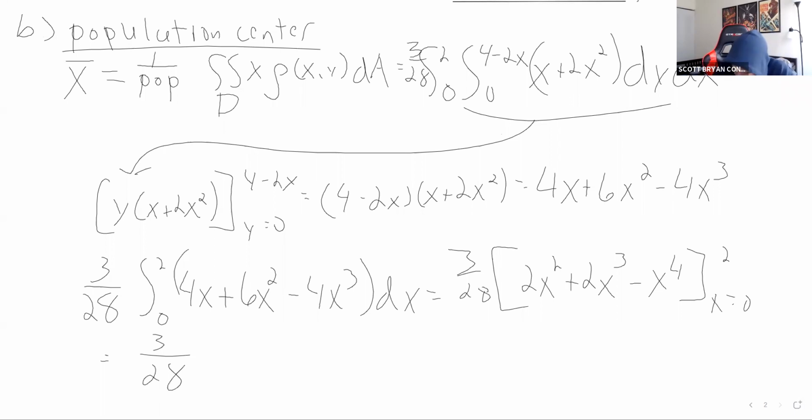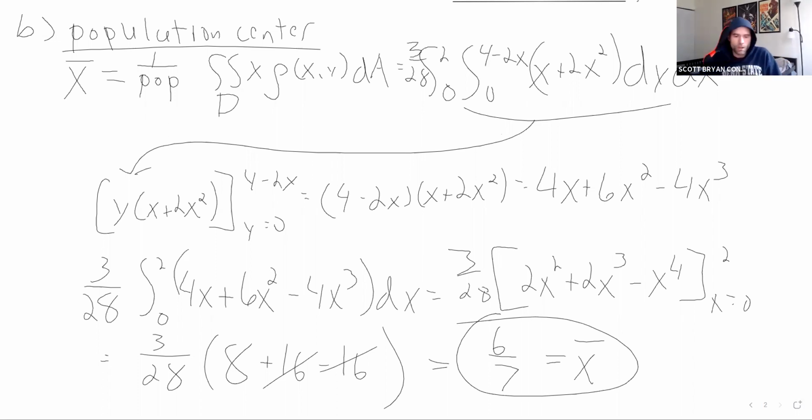And so we get 3 over 28. So 2 times 4 is 8, plus 2 times 8 is 16, minus 16. And so we get 3 times 8 over 28. So we can divide top and bottom by 4. And so we get 6 over 7 for our x coordinate.